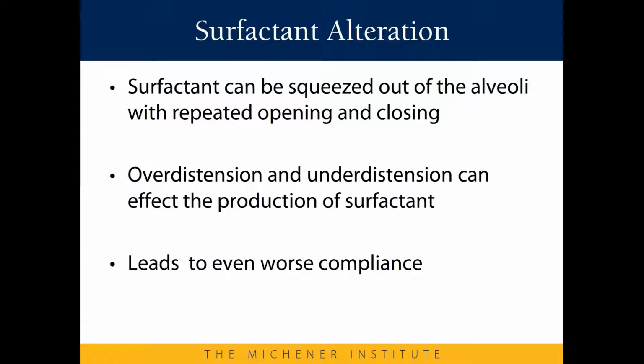Okay, so what is going to happen is as we lose surfactant, the alveoli is going to become less compliant. So it's going to become stiffer and more difficult to ventilate. And it becomes sort of a vicious cycle because, as I said, each time it opens and closes, it's going to force surfactant out, so it'll become less and less compliant. And so we can cause surfactant alteration.